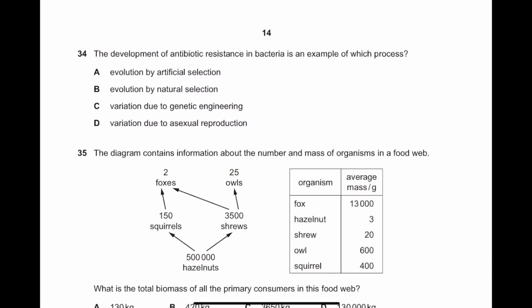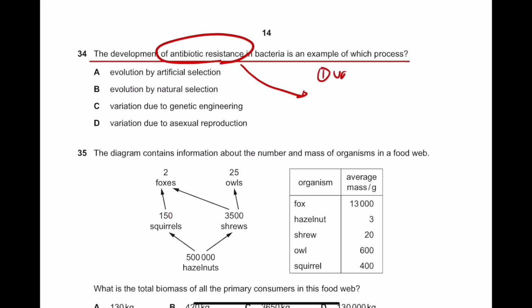Question 34. The development of antibiotic resistance in bacteria is an example of which process? So development of antibiotic resistance in bacteria can be caused by, first, if there is a variation in bacteria.